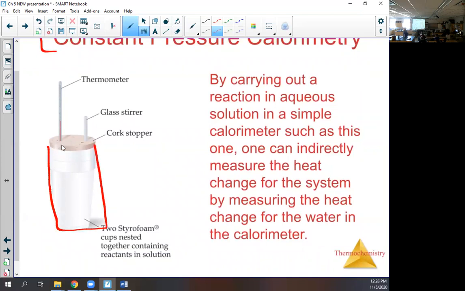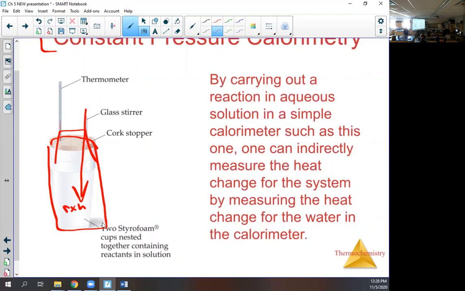We put a couple of them, we put a little top on. I don't put a cork, I just put a cup that I've cut off. So it's insulated, so that there's not a lot of heat loss to anything except for the water. And then we put a piece of glass in here to mix things around. Ours will be a piece of metal. And we have our reaction take place in here.